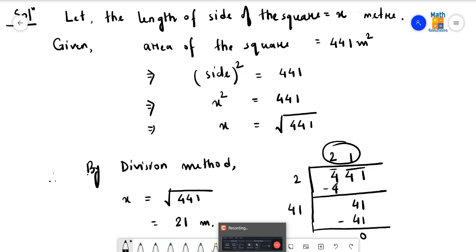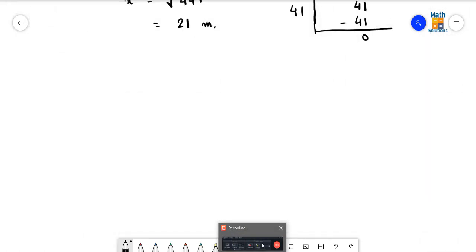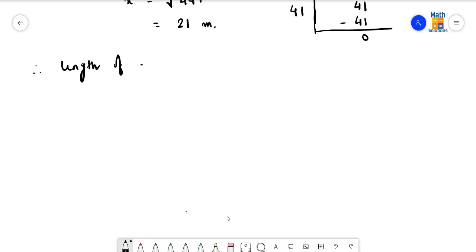So in this case, the length of the side of the square equals 21 meters. So this is the answer for this question.